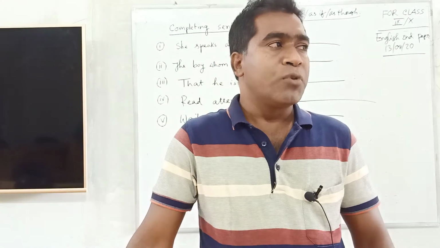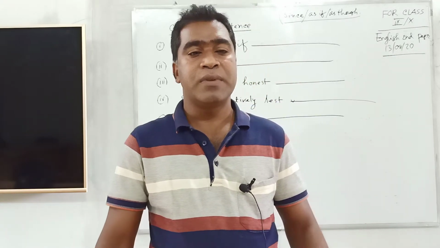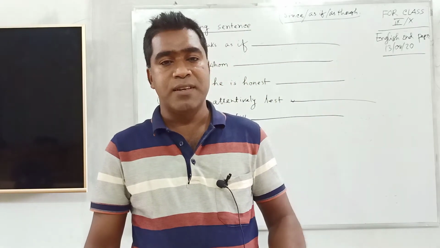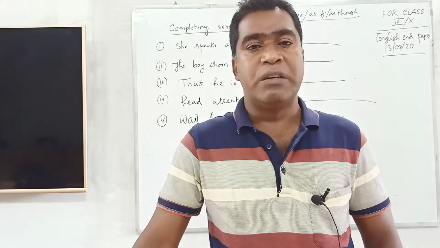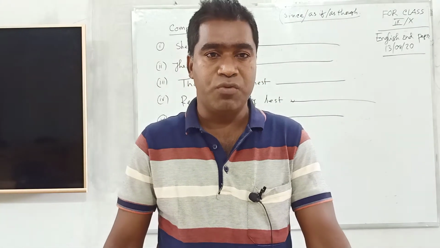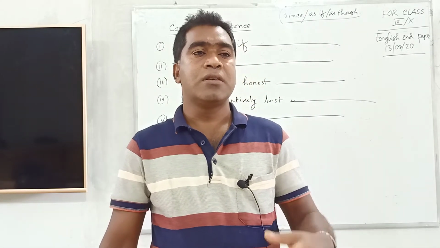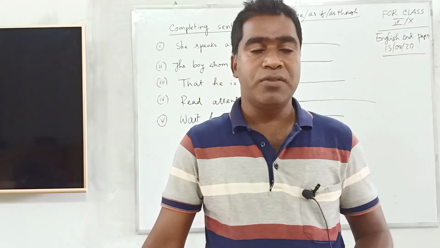So, clauses, you know, a clause means a sentence or a part of a sentence. That means there you must know the use of relative pronouns. There are two types of clauses: subordinate clause and principal clause.